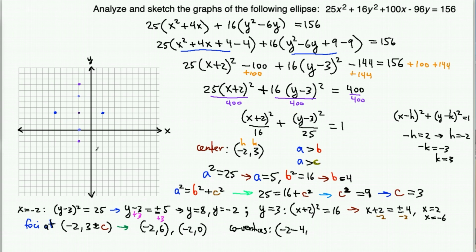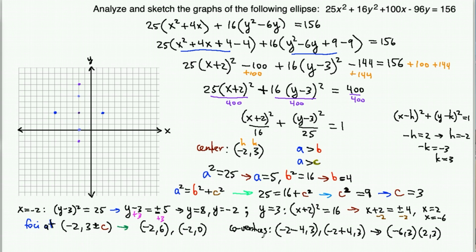And then the Y value is 3, right? That doesn't change. And then -2 plus 4, same Y value. So that gives us what? That gives us -6, 3 and 2, 3. Let's compare that. -6, 3. That's beautiful. That's a co-vertex. And 2, 3. That's exactly what we have. So we found the Foci and co-vertices.